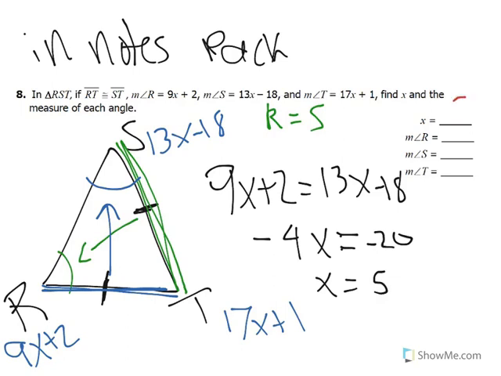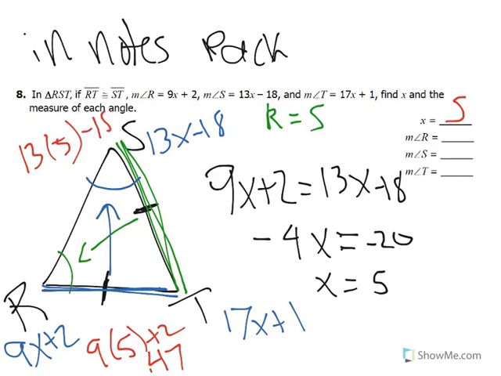So we have our x value. And then we're going to plug that x value in for each of the angles. So 9 times 5 plus 2 will give you 47. 13 times 5 minus 18 will also give you 47.